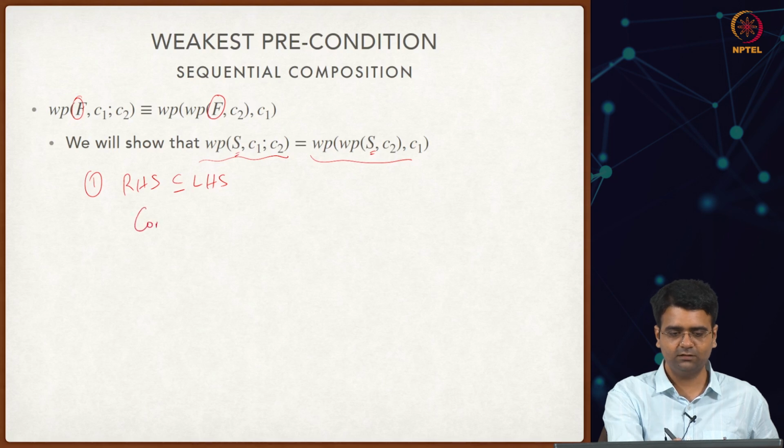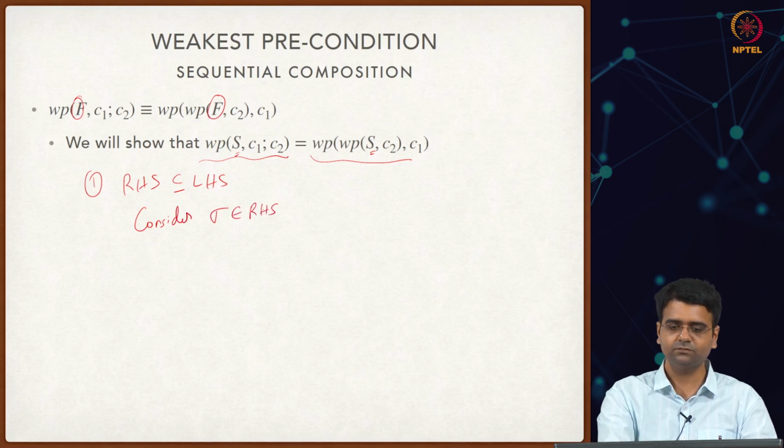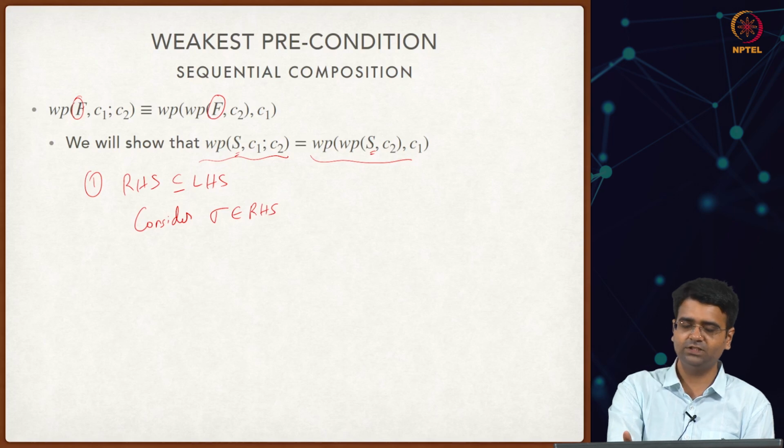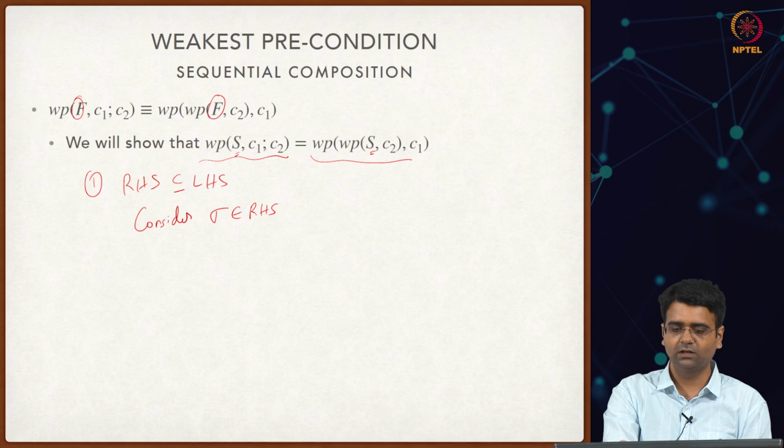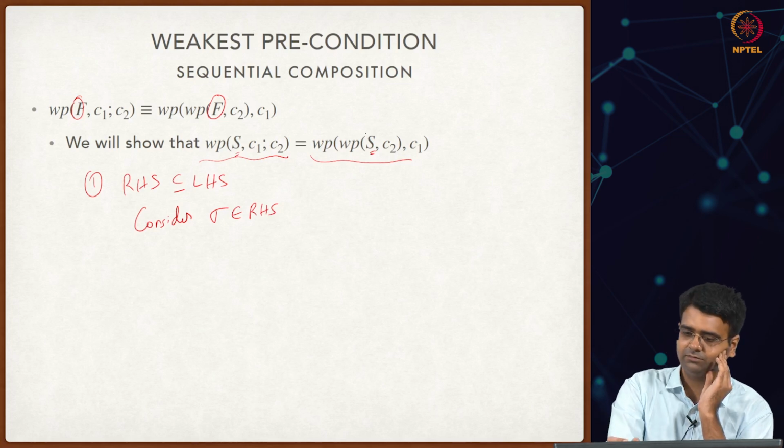So consider a sigma which is, let's say, in the right hand side. We will show that this sigma is also in the left hand side. We will prove this using the definition and the operational semantics of sequential composition. So let's consider a state sigma which is in the right hand side.